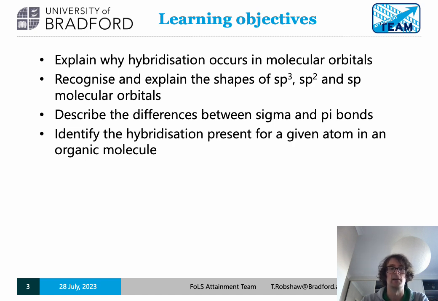You'll learn to recognise them all. We'll look at the differences between what's known as a sigma covalent bond and a pi covalent bond. And by the end of this, I hope that you'll be able to identify the hybridisation that is going to exist in the molecular orbitals with respect to any given atom in a simple organic molecule.